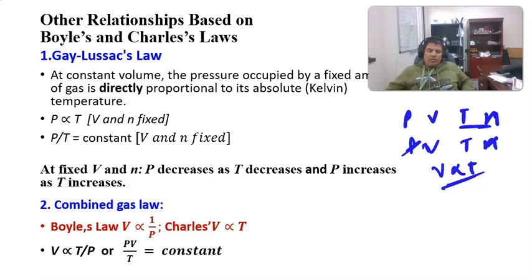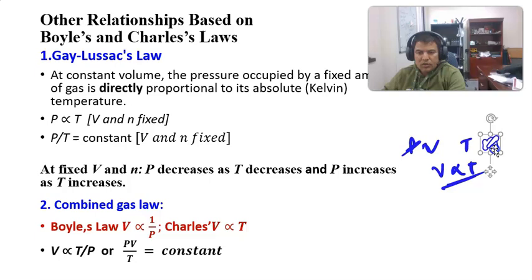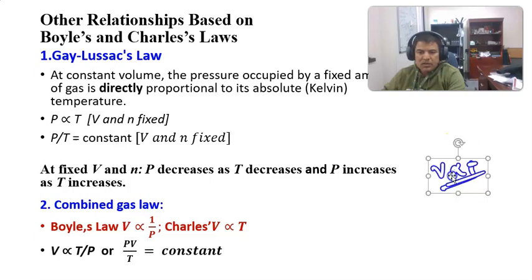Look at that, we have four variables, and the number of moles should always be constant.